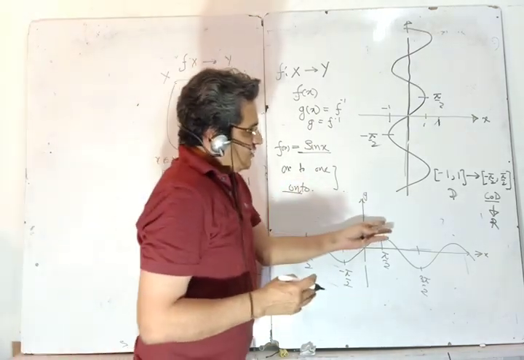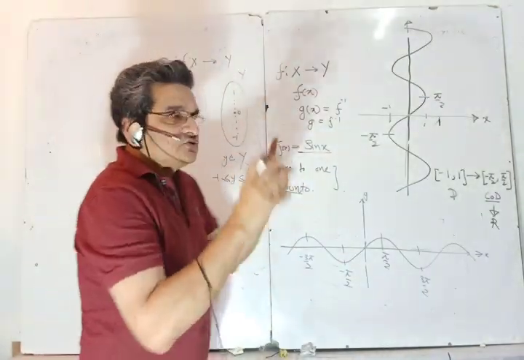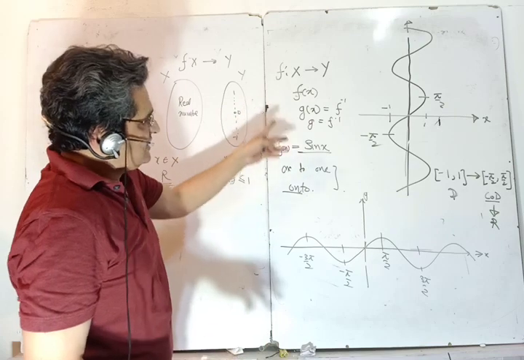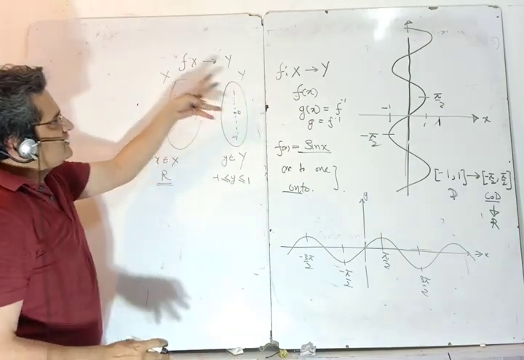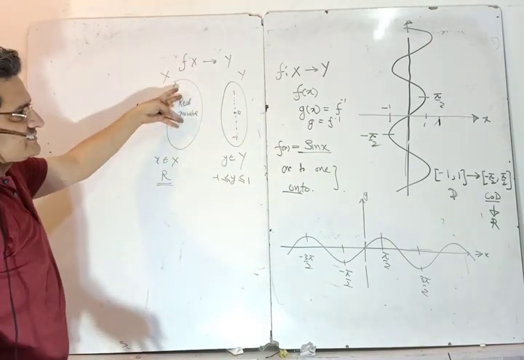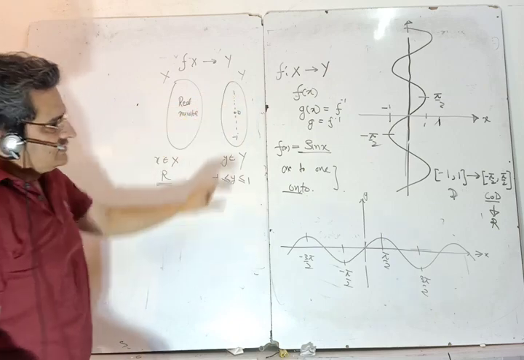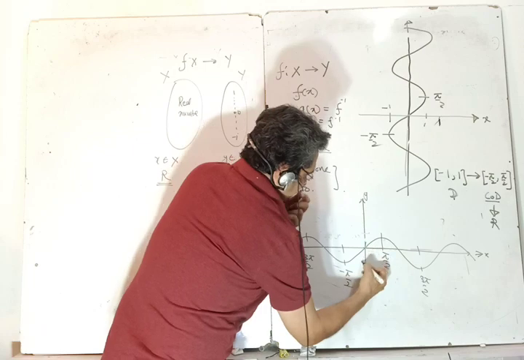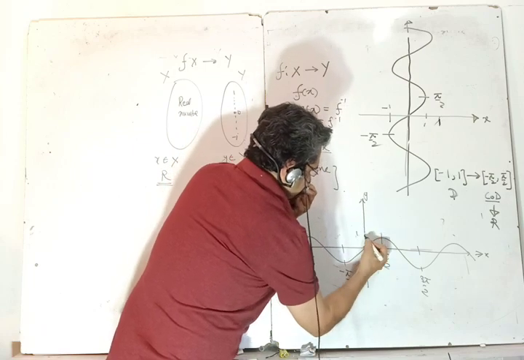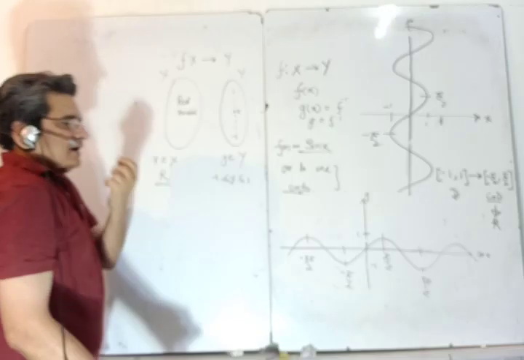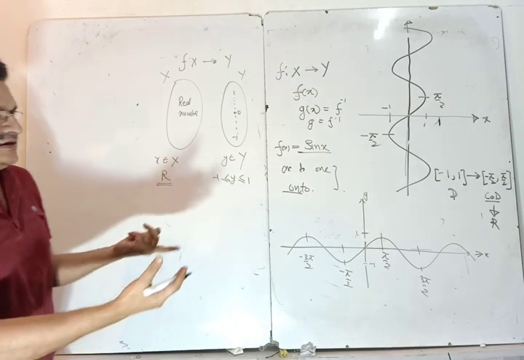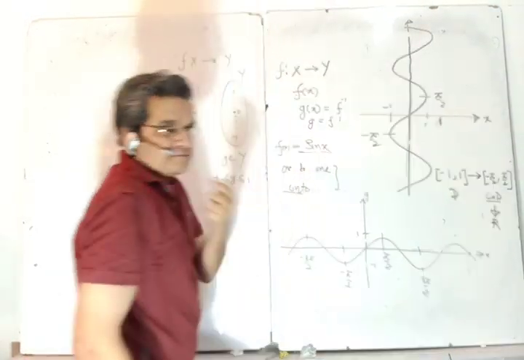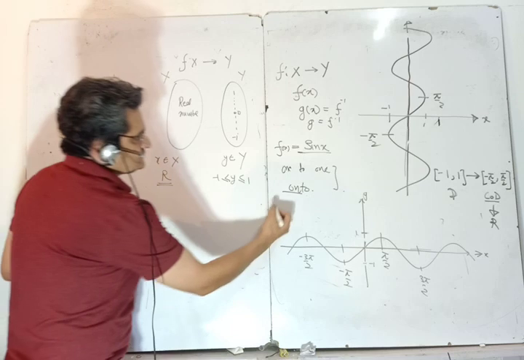Whether it is onto, for function to be onto, each element of Y should be image of some element in X in my given codomain. This is my codomain which is given. So from -1 to 1, each element of Y is an image of some element of X. No problem. So it is onto.